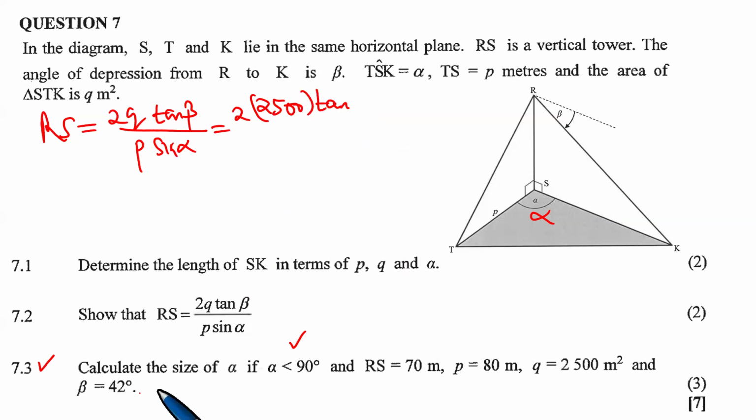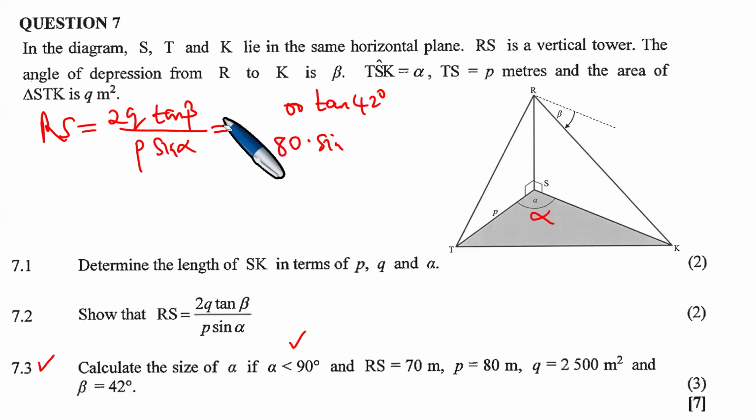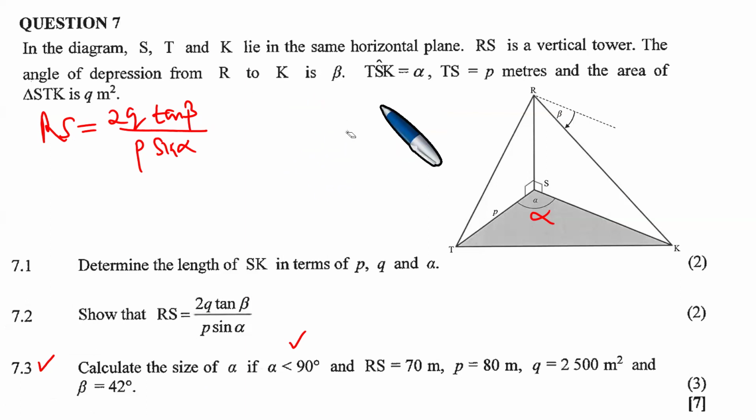The tangent of beta, beta is 42 degrees. P is 80. The sine of alpha, and alpha is what? Now you need to calculate the size of alpha. So we can write it a little bit at the bottom here for clarity.